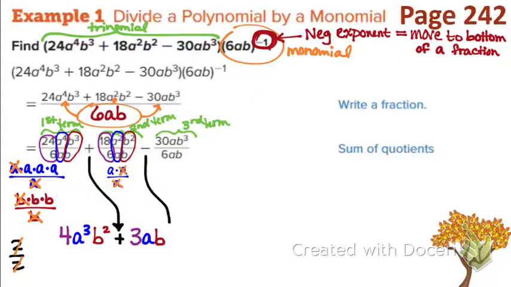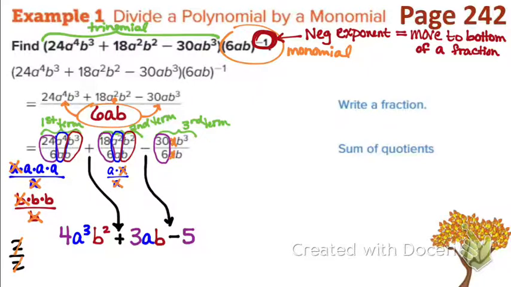I'm done with that one, so I'm going to bring down this sign. This one's a subtraction this time. And then I'm going to come to the last fraction. Can 6 go into 30? How many times? 5 times. What happens with my a's? They cancel.